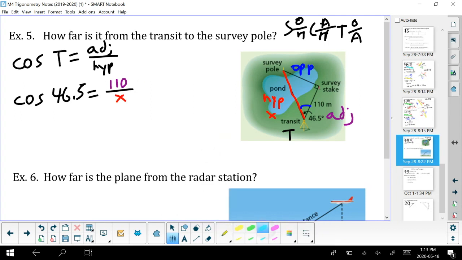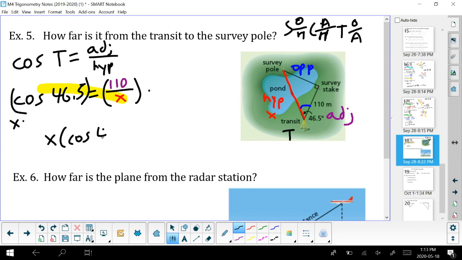So again, we're going to get rid of the x on both sides by multiplying both sides by x. So we're really multiplying by x and multiplying by x. So you have x times the cos of 46.5 is equal to 110. Then let's divide both sides by the cosine of 46.5.